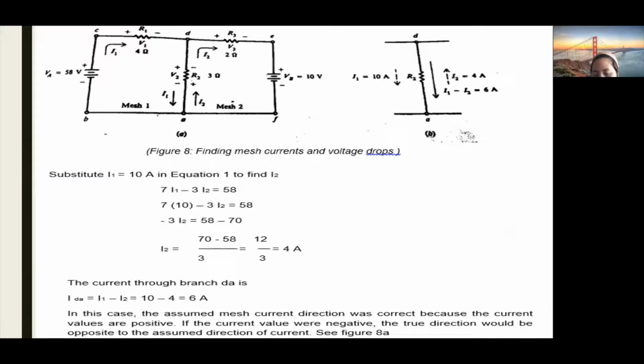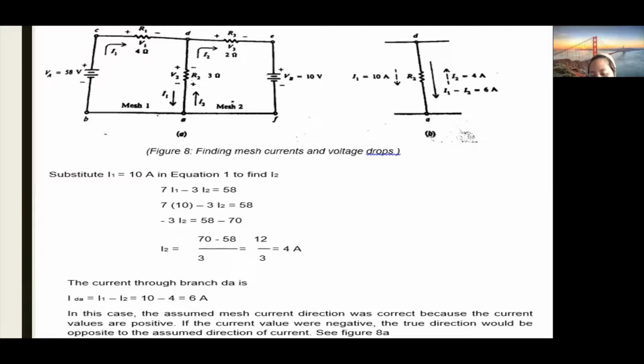So 7 I1 minus 3 I2 is equal to 58. We'll be using the first equation now since we're done using the given for equation 2. So let us now substitute 7 times 10, because that's the I1, minus 3 I2 is equal to 58.